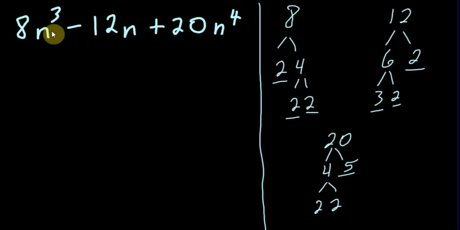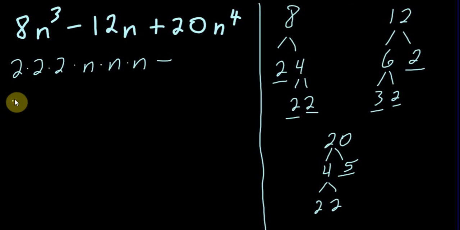So 8n cubed. 8 was 2, 2, 2, n cubed, that's 3 of them: n, n, n. And then we have a minus sign. And then 12. Remember, 12 was 2, 2, 3. And the 12 only has one n with it.